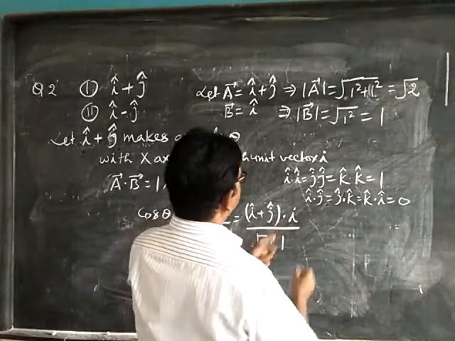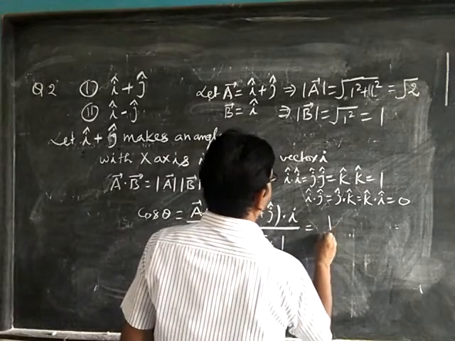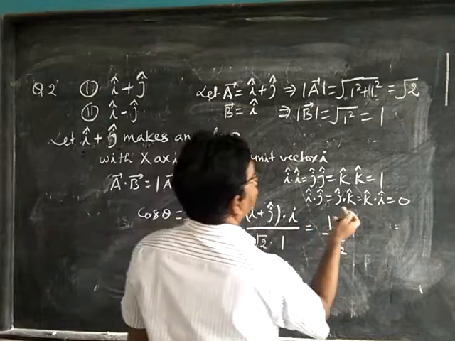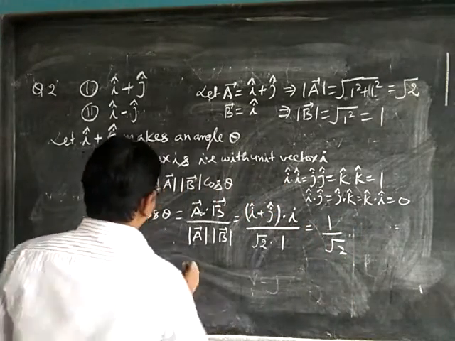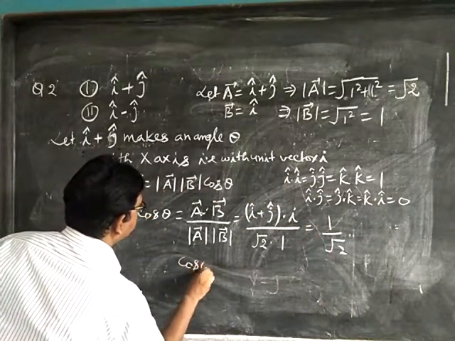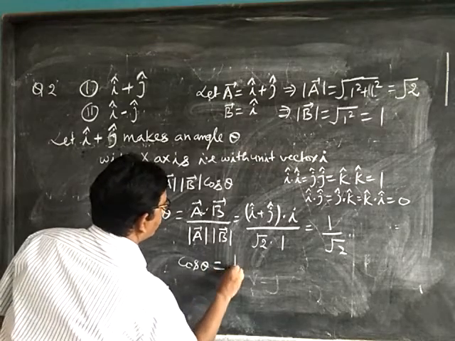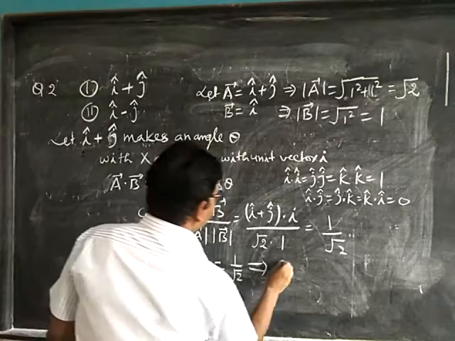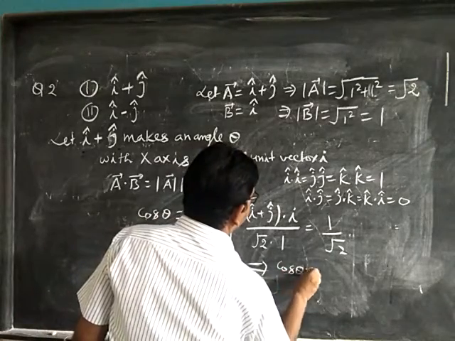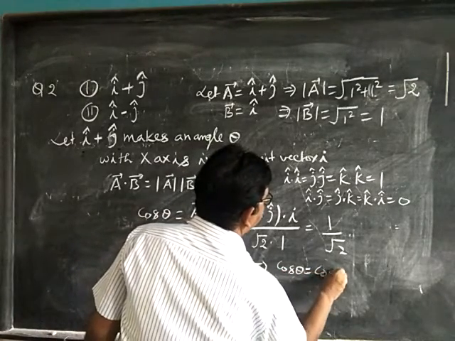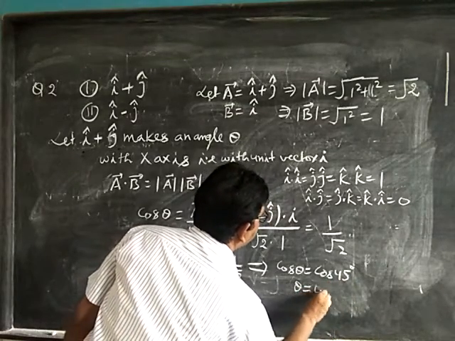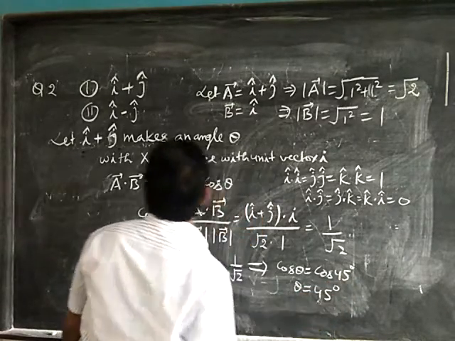Then i dot i gives 1 upon under root 2, and j dot i is 0. Therefore cos theta is equal to 1 upon under root 2. This implies cos theta is equal to cos 45 degrees, that is theta is equal to 45 degrees.